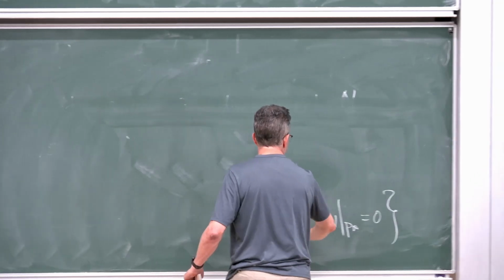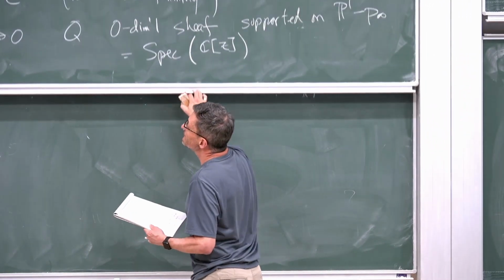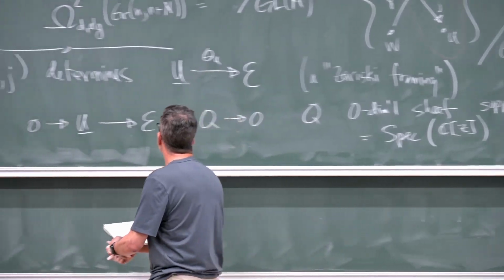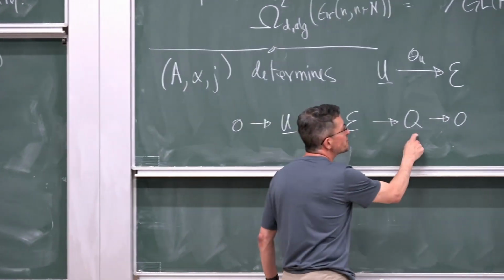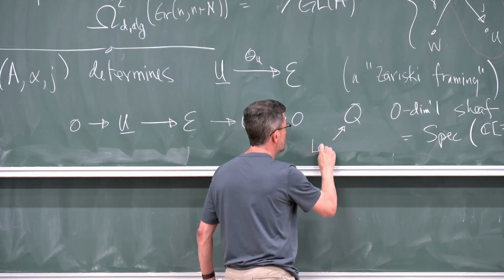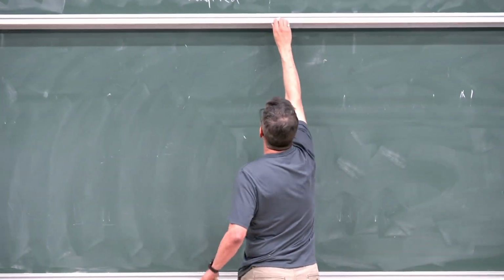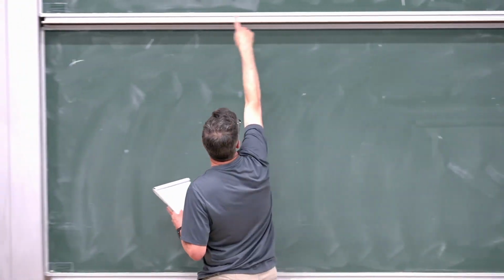In fact, I should say, right, this guy has degree D, so this has length D. And so how do I recover that map?